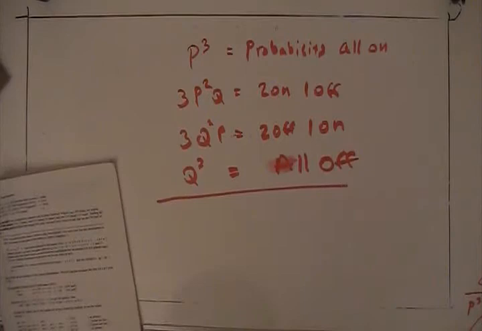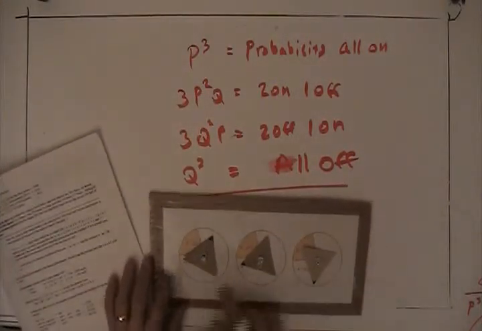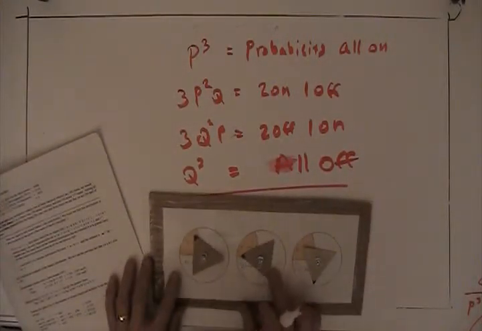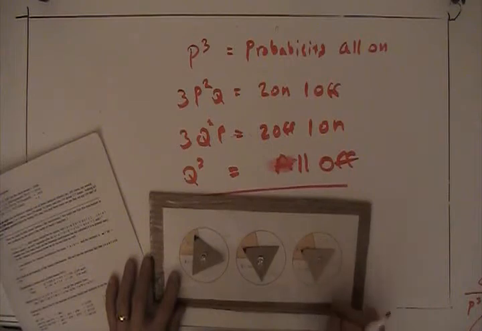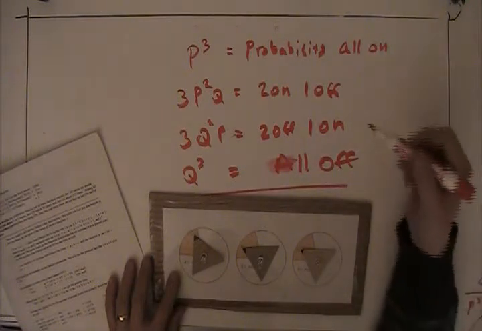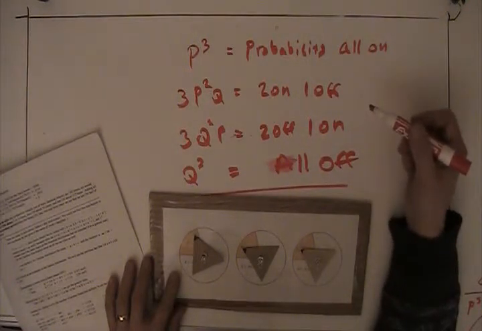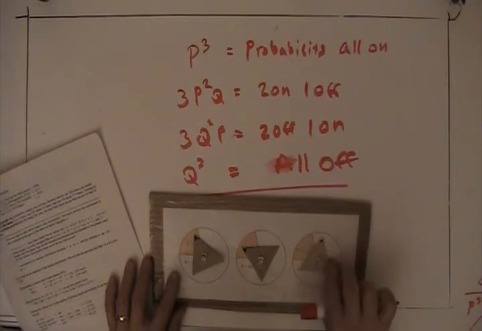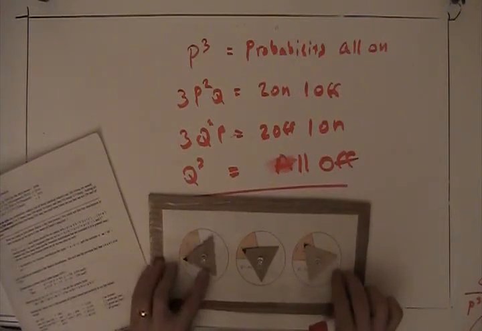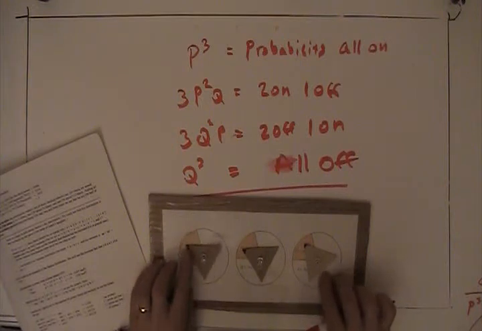Okay, what does that mean? Well, P cubed is when all 3 spinners are on. Okay, well, we have one way to do that. Next one would be 2 on, 1 off. Well, here's one way to do it. Here's another way to do it. What's the third way? Oh, there's a third way in there.